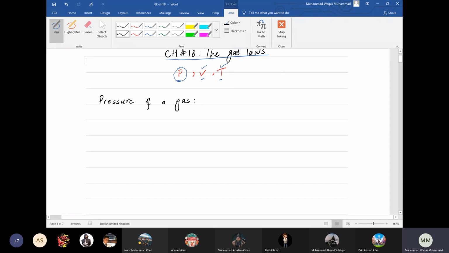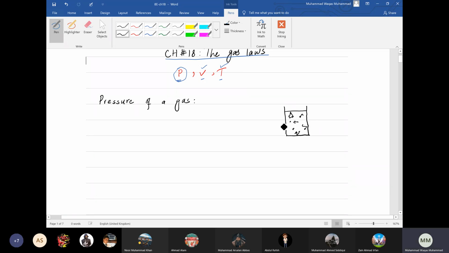Now, the molecules of the gas, let's say they are in a container. We know that the molecules are moving randomly, so they continuously hit the walls of the container and rebound. Now, how do gases exert pressure?